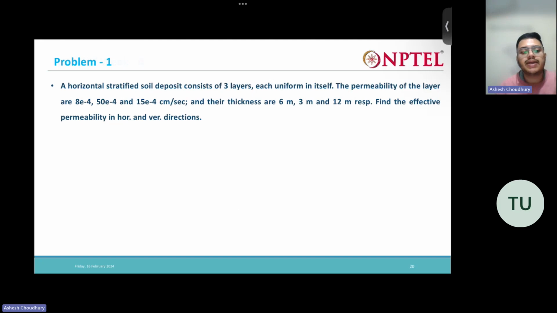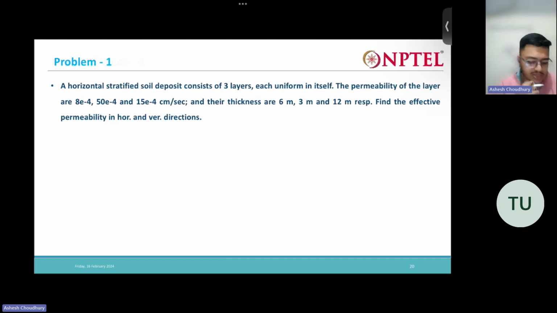The permeabilities of the layers are 8 into 10 to the power minus 4, 50 into 10 to the power minus 4, and 15 into 10 to the power minus 4 centimeter per second. And the thickness of each of these layers is given. So we have to find out the effective permeability in the horizontal and vertical directions. It's very easy. We already saw what the expressions are for the equivalent horizontal permeability and the equivalent vertical permeability, right?